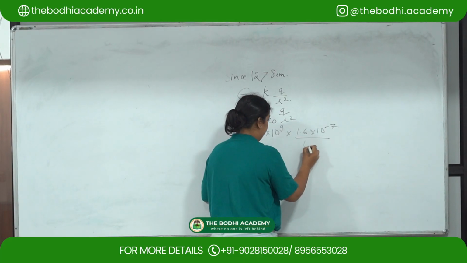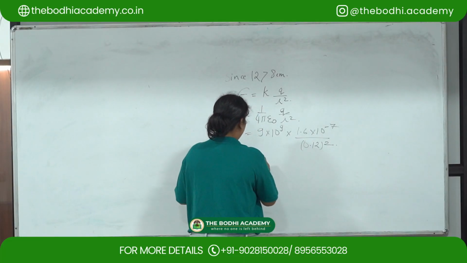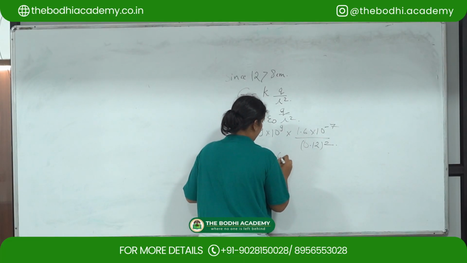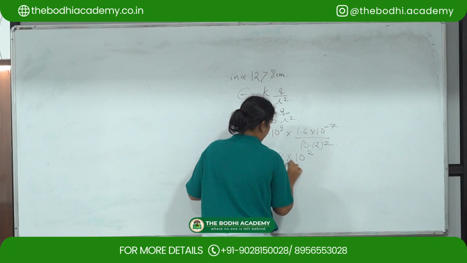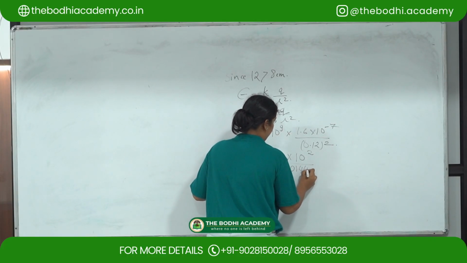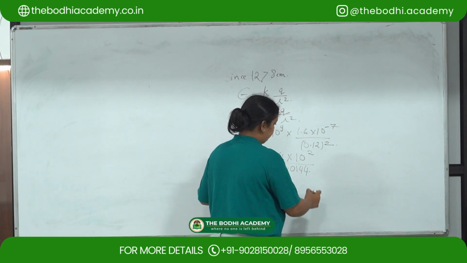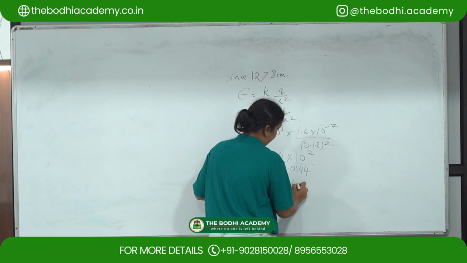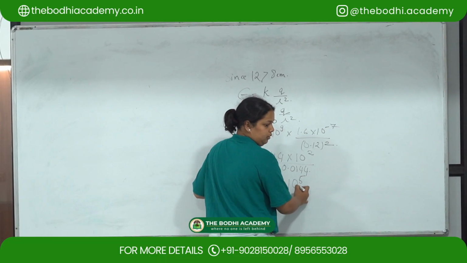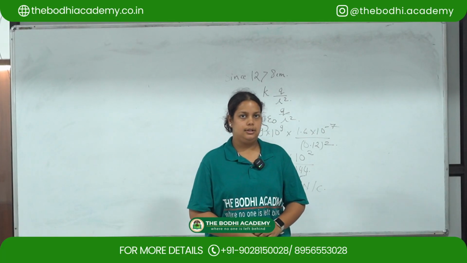So it will be 0.12 whole square. So solving this, we will get 144 into 10 raised to 2 upon 0.0144. So this is going to give us 1 into 10 raised to 5 Newton per Coulomb. So this is the answer.